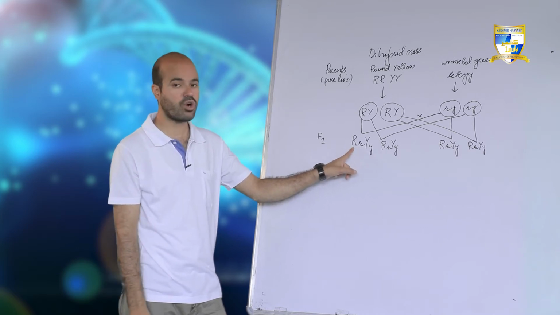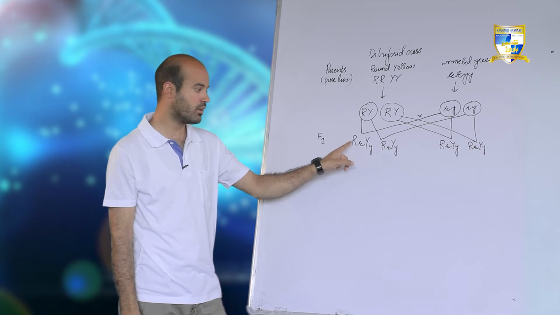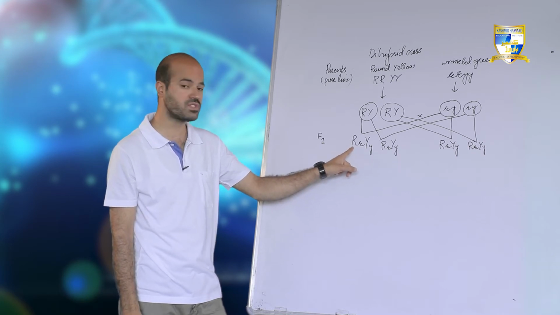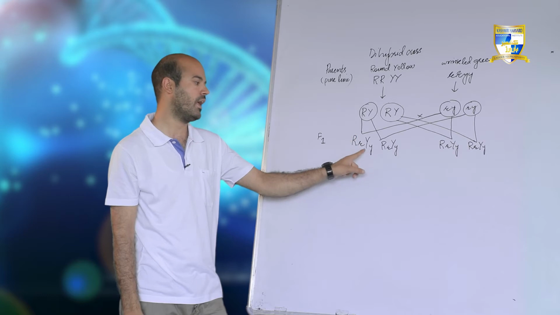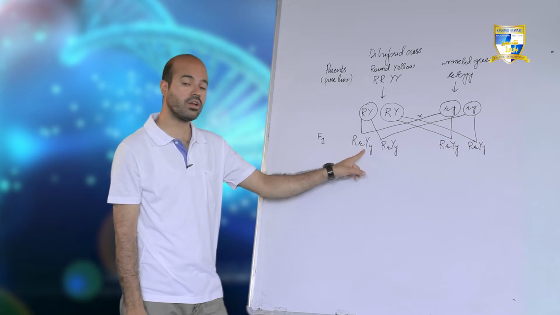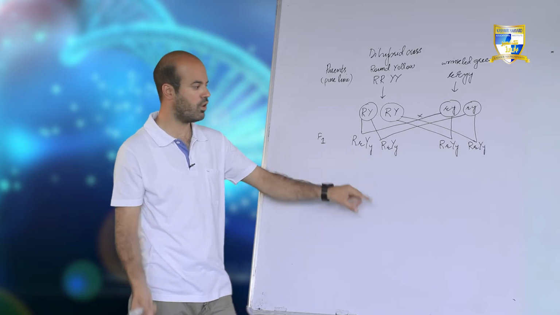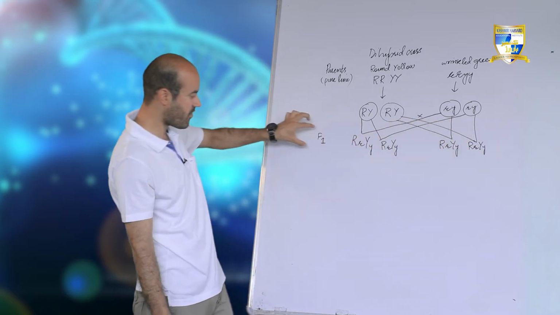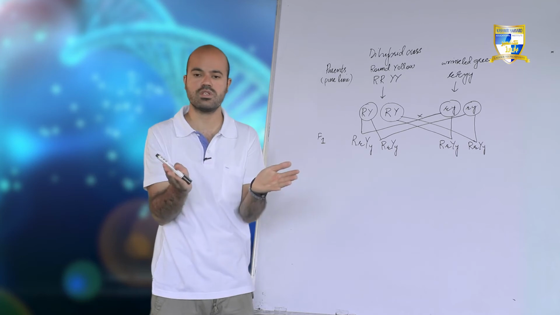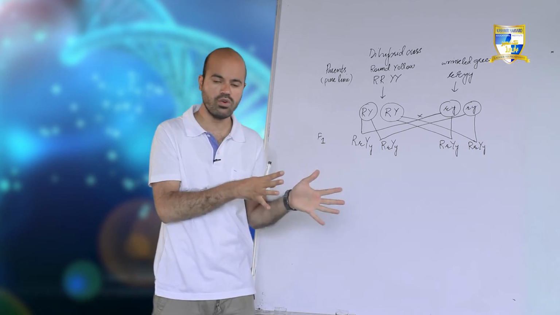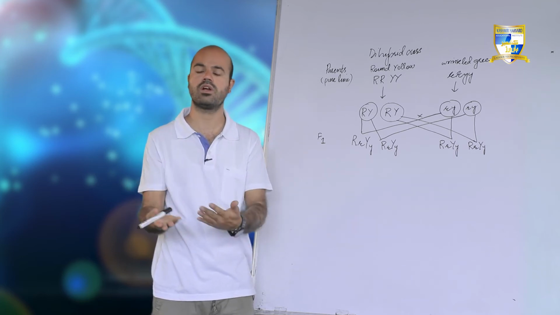That is, the dominant allele will express, due to that shape of seed will be round, and here again the dominant allele will express, and due to that color of seed will be yellow. All the plants of the F1 generation will produce seeds which will have round shape and yellow color.